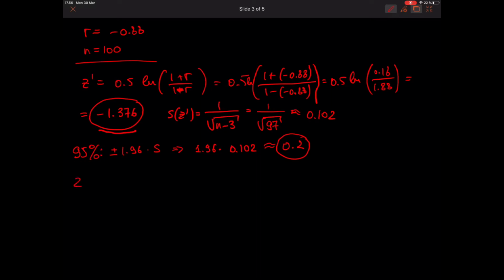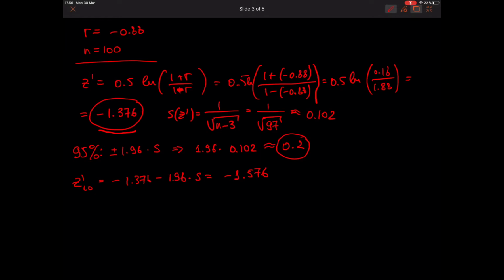So the z prime lower, the smallest possible, it will be simply we take the statistic minus 1.376 and subtract 1.96 times s, times the standard deviation, and we know it's 0.2, so we can calculate easily that it will be minus 1.576.